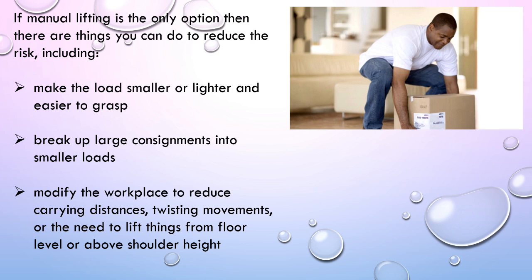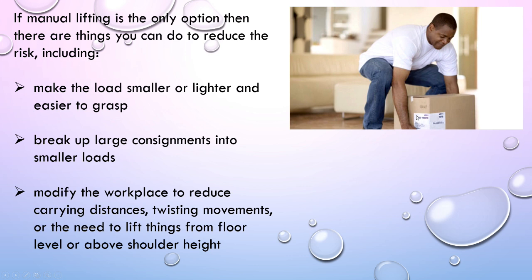Now, if manual lifting is the only option, there are things you can do to reduce the risk, including making the load smaller or lighter and easier to grasp, and breaking up large consignments into smaller loads. For example, look at this picture on the right side. This young one here is trying to lift up that load.